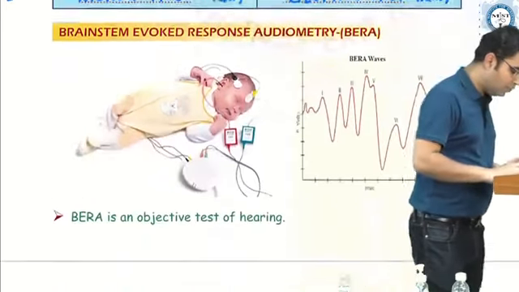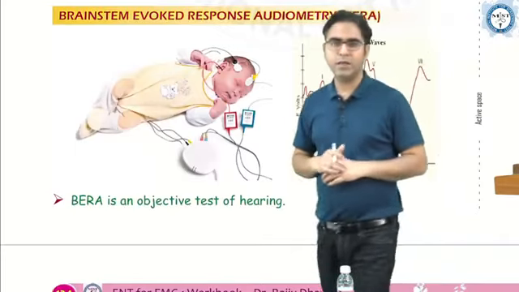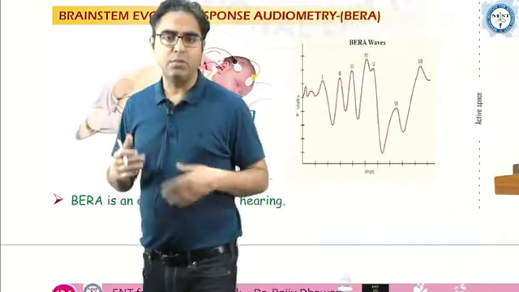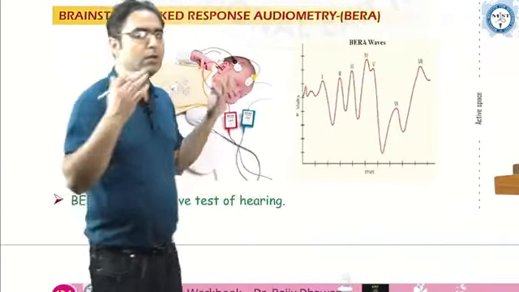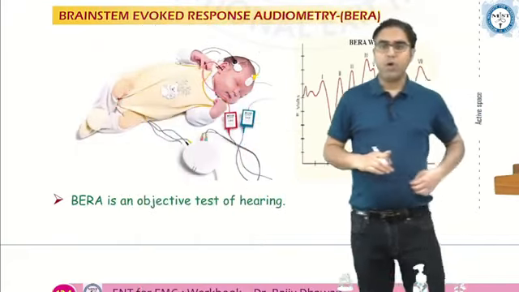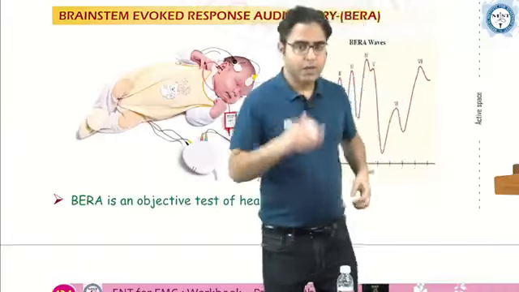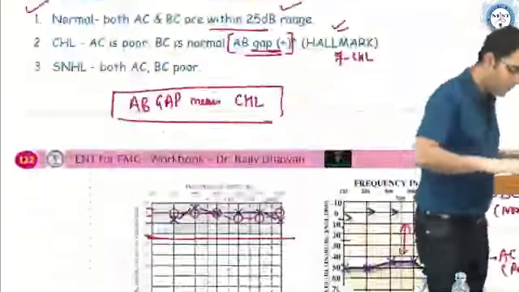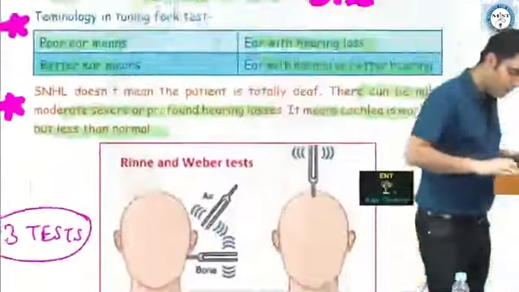Let us do the next test now: brainstem evoked response audiometry, beta. Go back, everybody. Put a number on each test so that you know what you're doing.